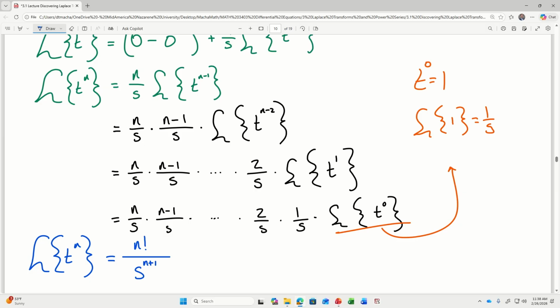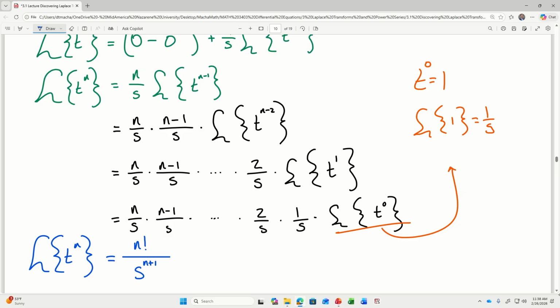How many copies of s do we have? Well, we've got s kind of numbered for us according to the numerator. There's 1, 2, 3, and so on, n minus 1, n copies of s, but times an extra copy of s in the denominator. So there's really n plus 1 copies of s in the denominator.